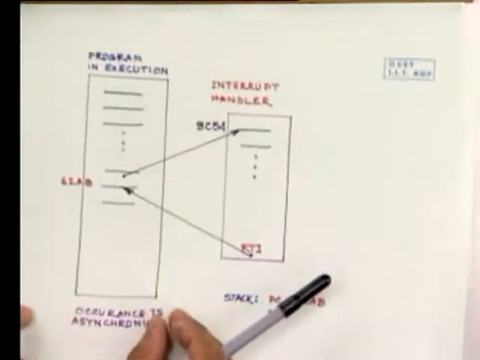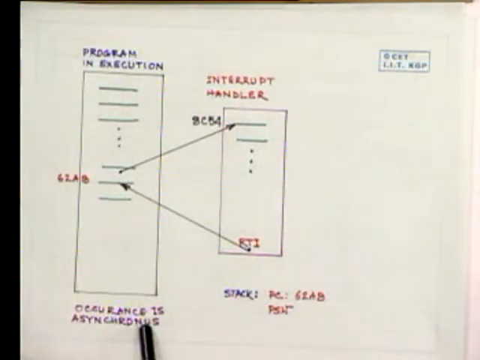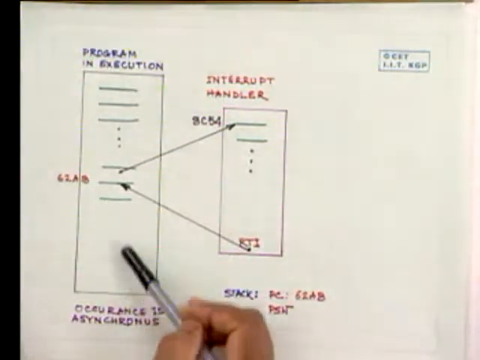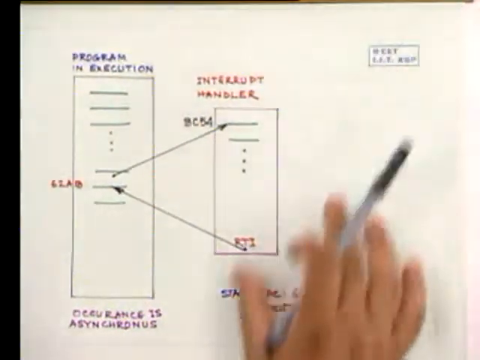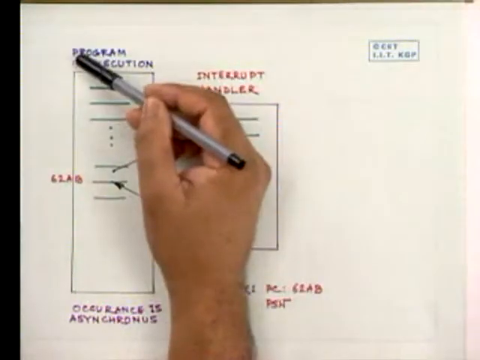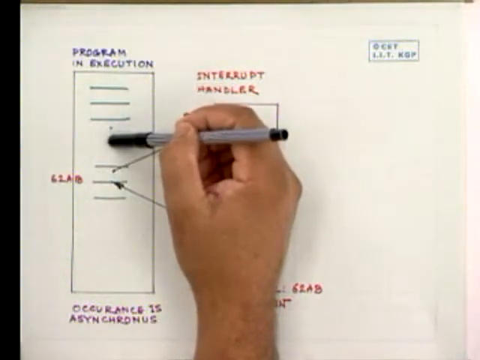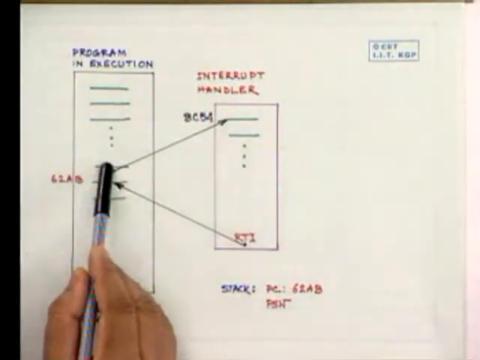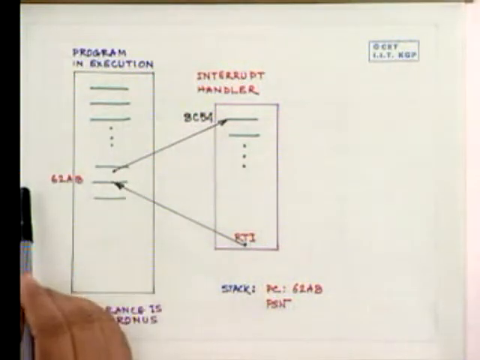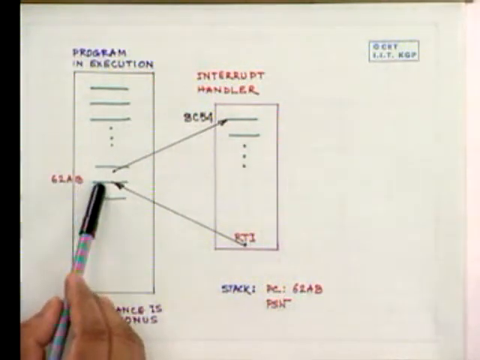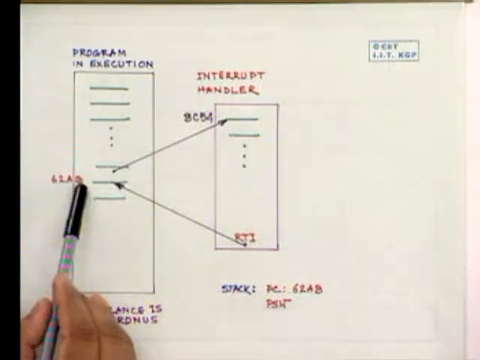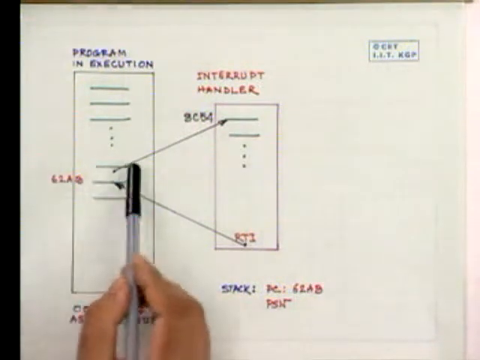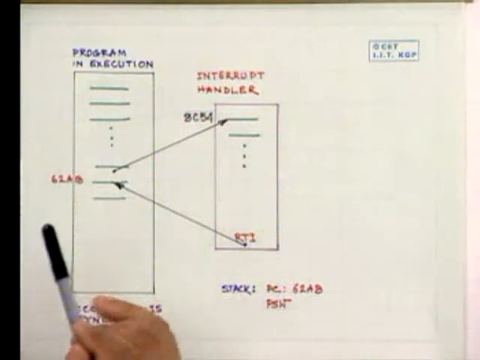Now you can see, as I have said, that the occurrence is asynchronous with the execution of the program. The device was excited quite earlier, the CPU is executing this, possibly when this instruction was being executed, when the program counter is holding the address of the next instruction, which is 62AB, and the interrupt has happened.